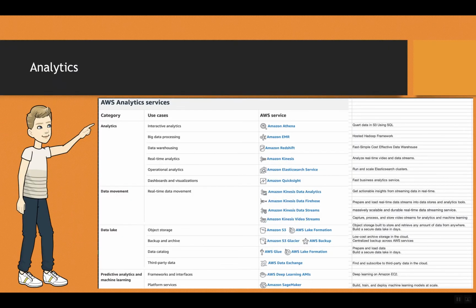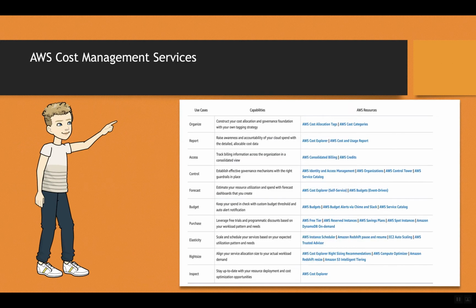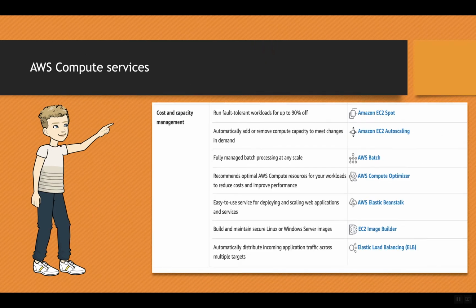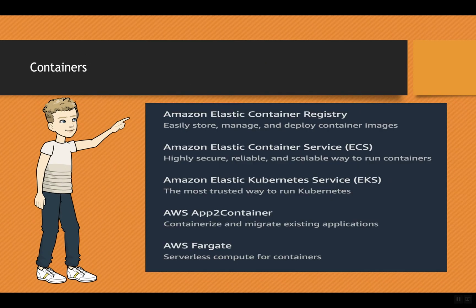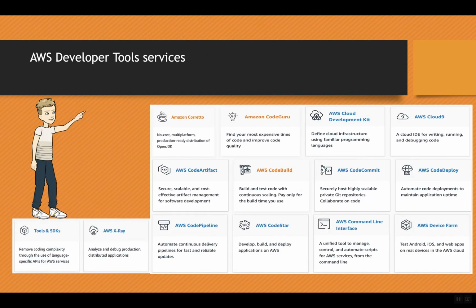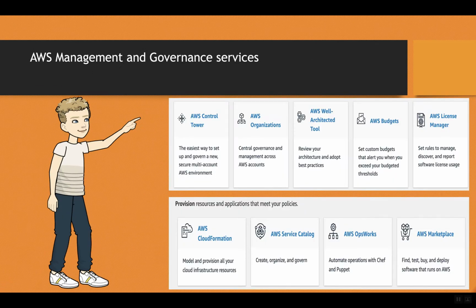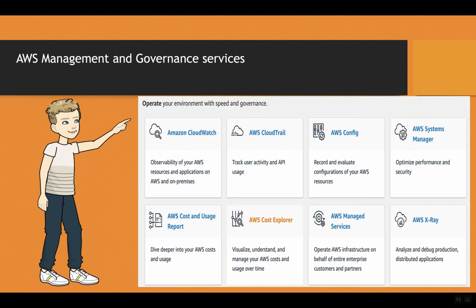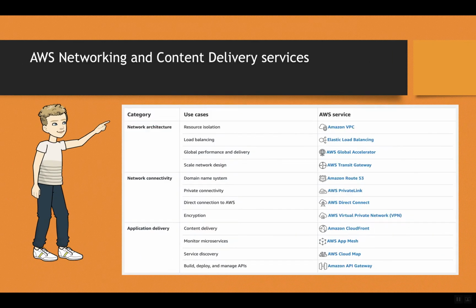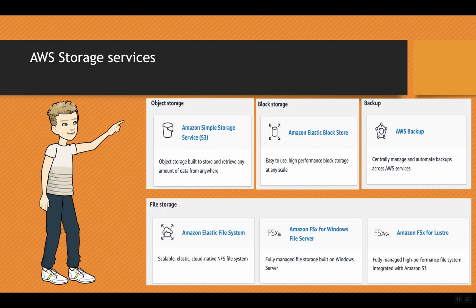AWS has different products under different domains like analytics, application integration, AWS cost management services, AWS compute services, containers, AWS customer engagement services, database services, AWS developer tool services, end user computing, machine learning and machine learning frameworks, AWS management and governance services, AWS media services, migration and transfer, network and content delivery, security, identity and compliance, and storage.